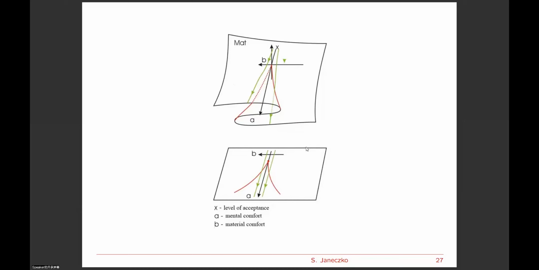That's a different story, how much of it is true, but this is non-linear effect and stability. And then if a couple meet there, the comfort, both mental and material, is very small here, close to zero.